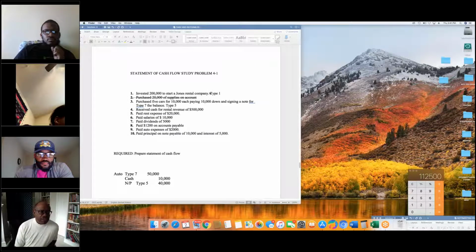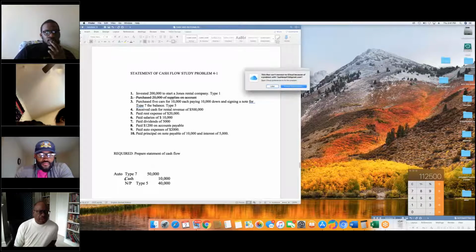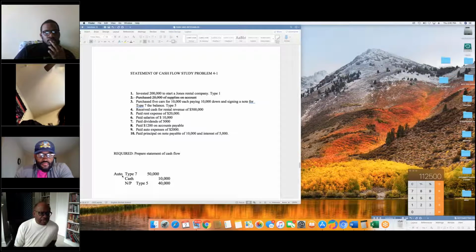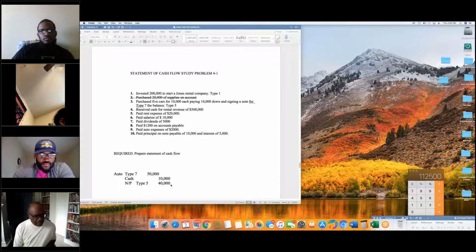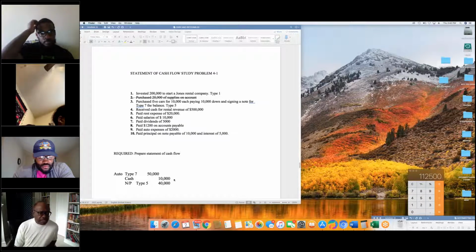Okay, so let's look at our next transaction where we scratched 2, we purchased 5 cars. The way that journal entry would have looked, we would have debited auto type 7, credited cash at 10 for 10,000, and credited note payable for 5, which would be a type 5. So we outlaid 10,000, and we're going to show a net of 10,000 went out of the business.